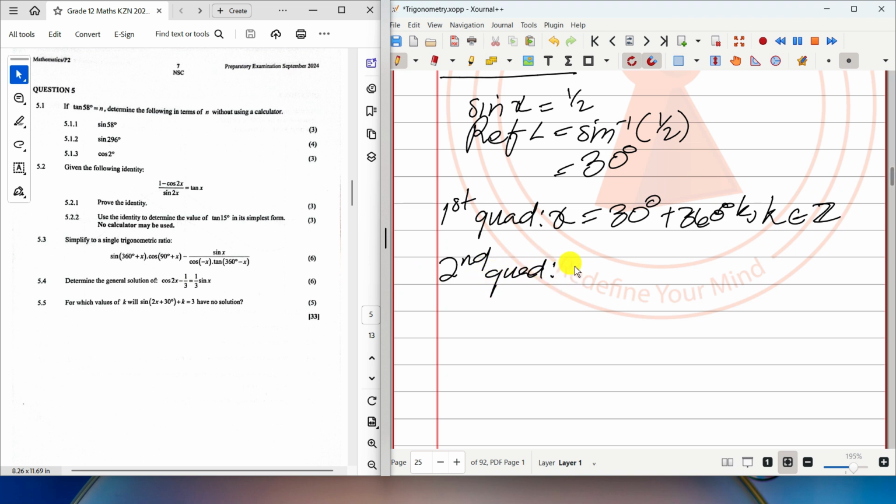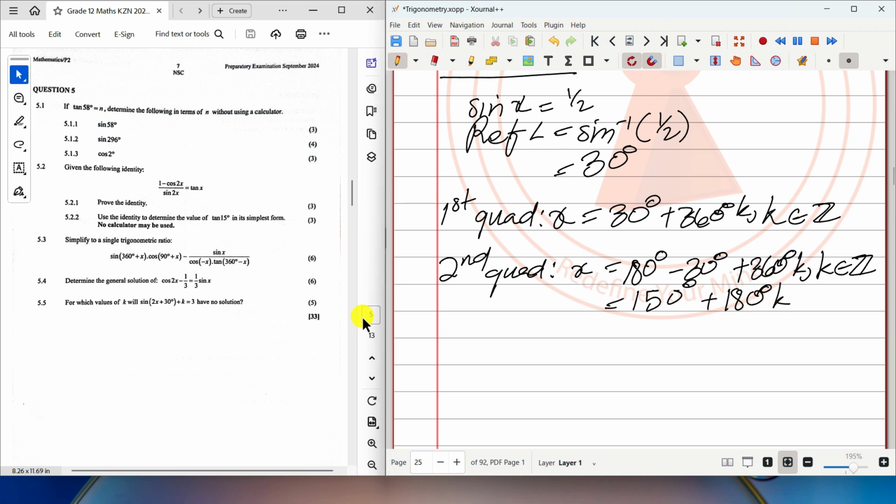In the second quadrant, we work with 180 minus the reference angle, right? Plus 360 degrees K, where K is an element of the integers. Now 180 minus 30 is 150. You don't need a calculator for that. So it is 150 degrees plus 360 degrees K. Happy? Great.